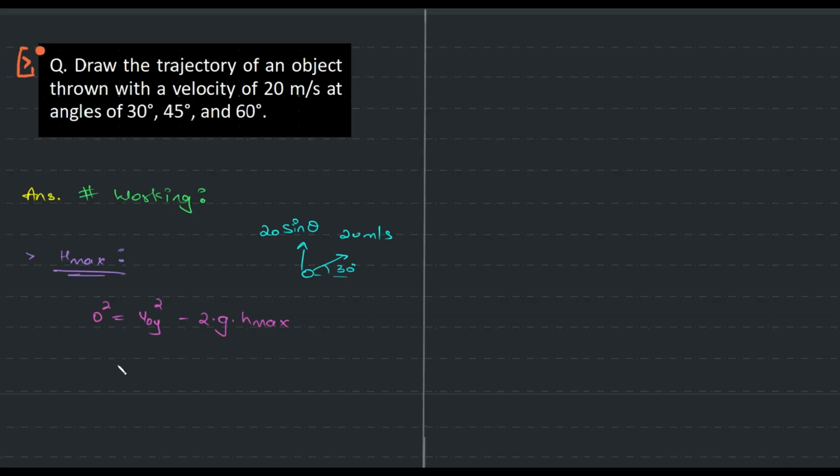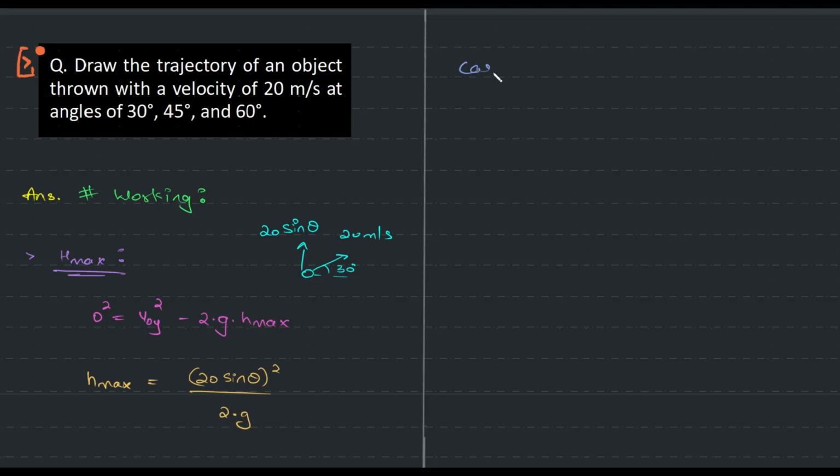This is what I used while deriving. So h max is equal to v naught, this would be 20 sine of theta the whole square divided by 2 into g. Okay, so one step away I have the formula, right?